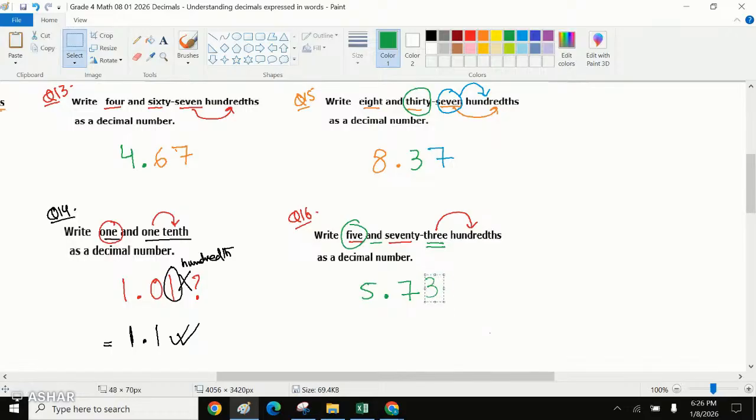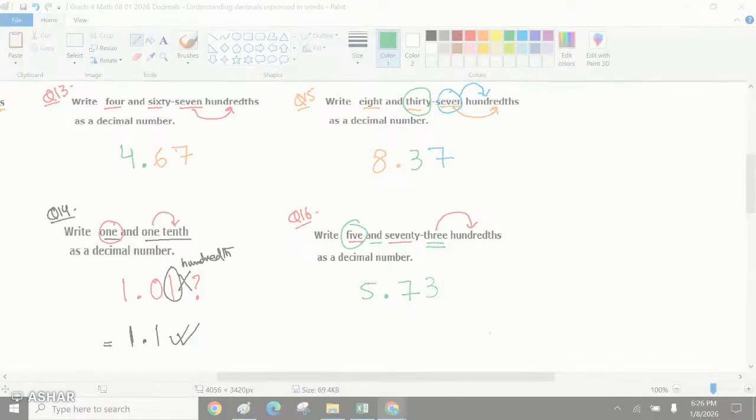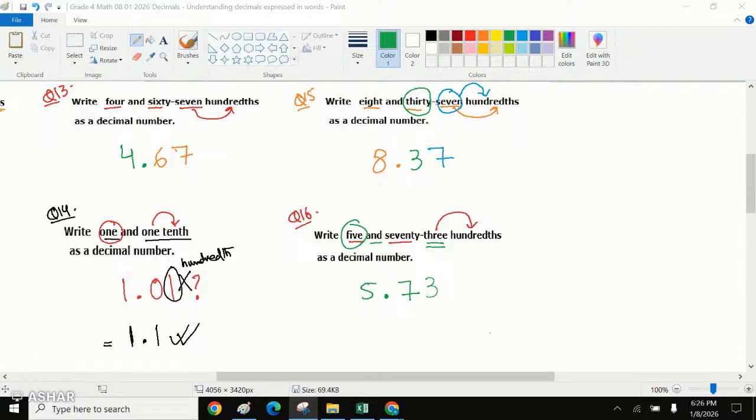Okay, so let's try some questions from the test. Can we all open up the test together so that we have the same questions on the screen and we solve them together? Okay, the first question in the test says, we have two options given to us.